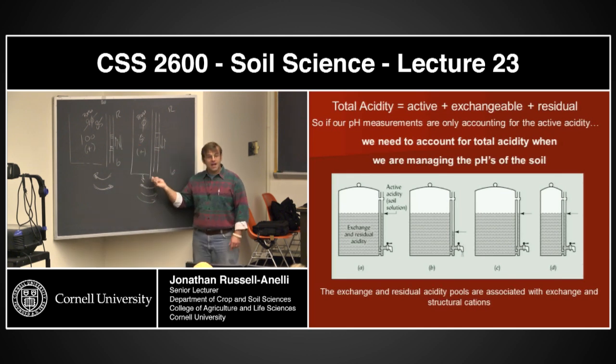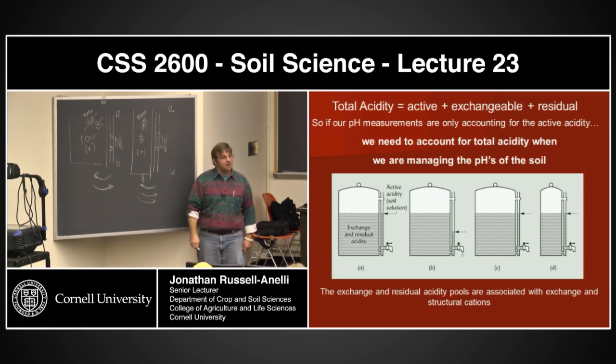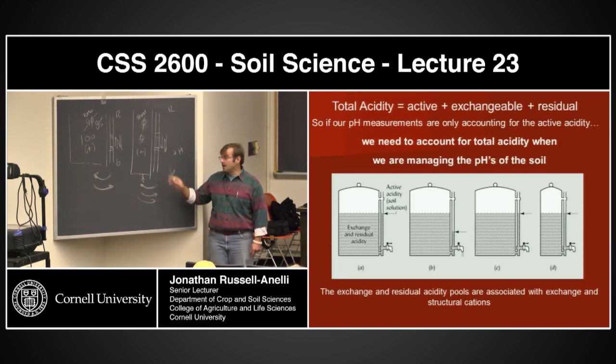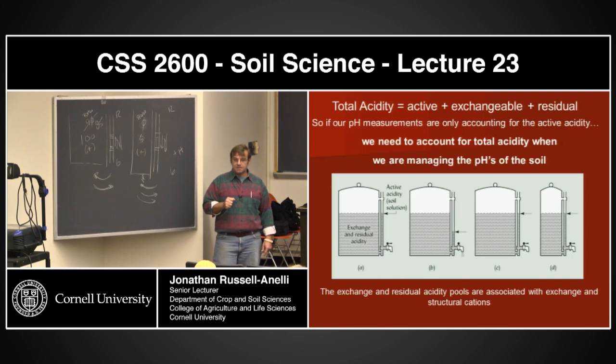But this one, what happens here? It doesn't have anything to exchange anymore. What's going to happen to the pH? It's going to drop, and it's going to stay down. Because I've just added 6 protons, and yes, they're going to be exchanging, but they're going to be exchanging for other protons. Does that make sense to everybody?